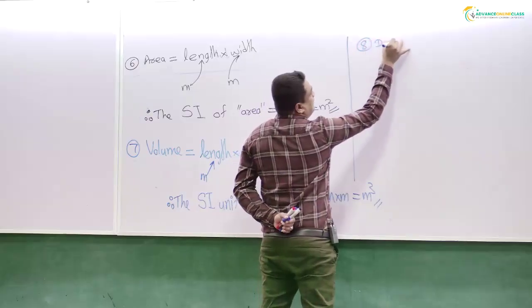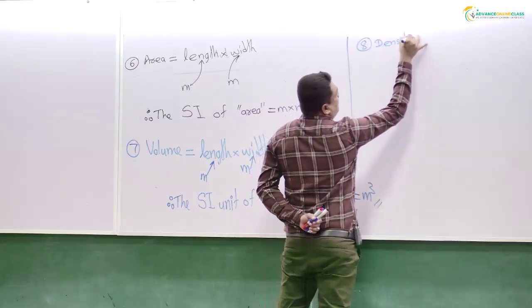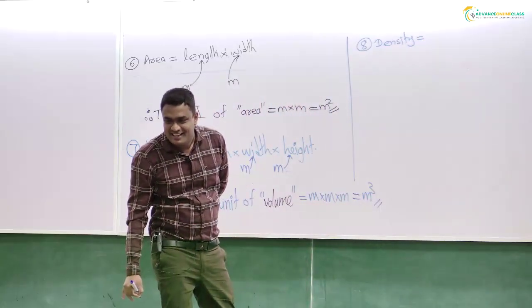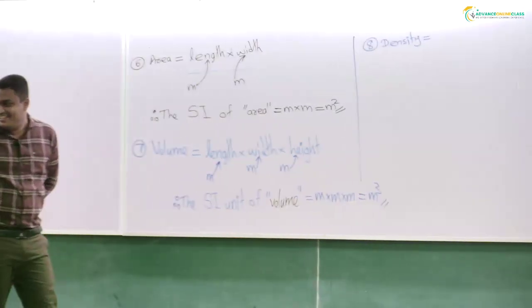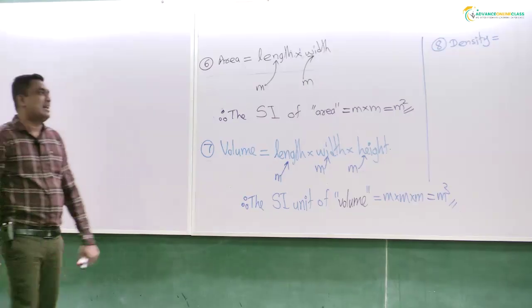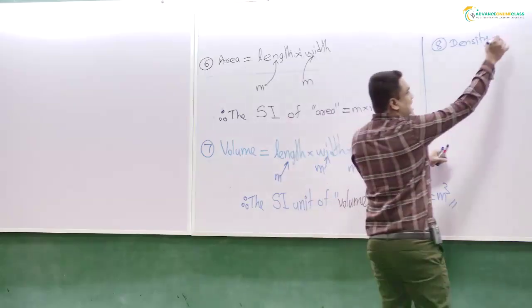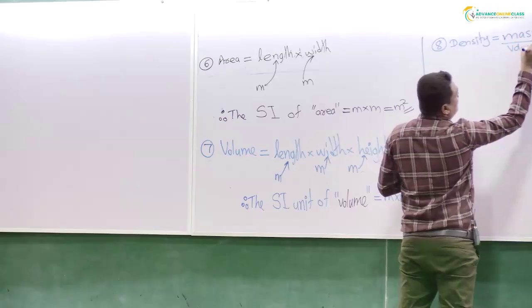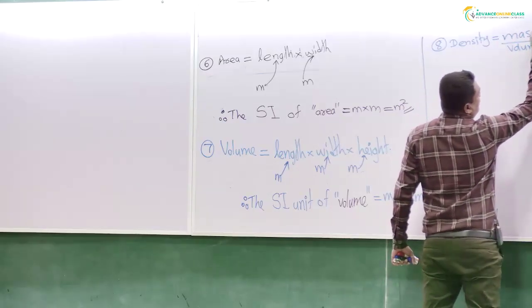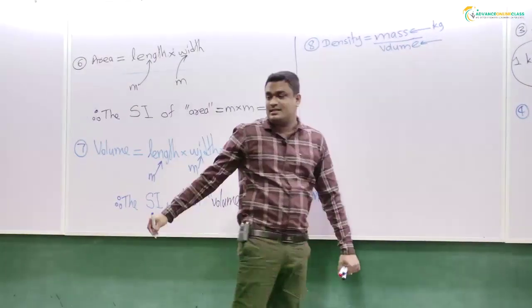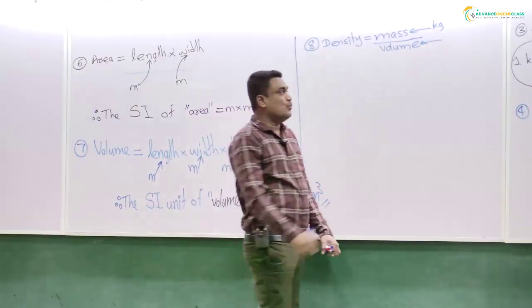Density. O-level science. Density is mass divided by volume. Density equals mass over volume. Mass is measured by kilogram. Volume is measured by cubic meter.